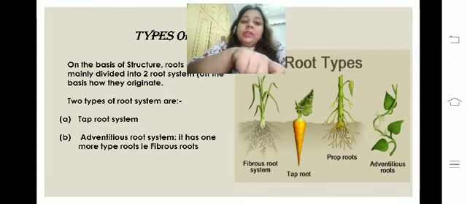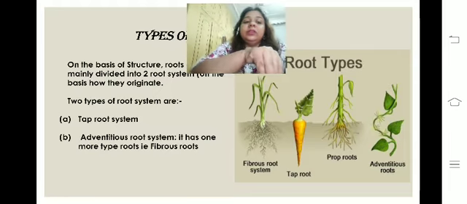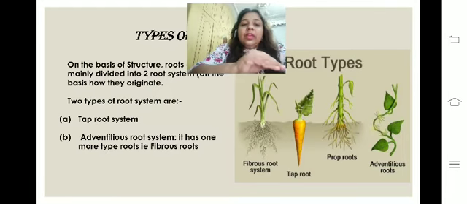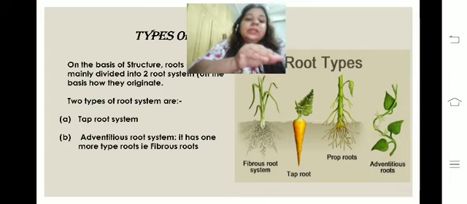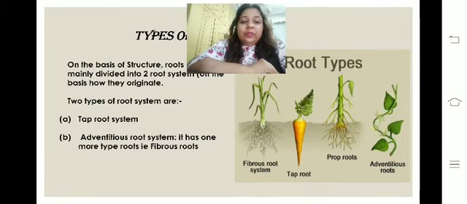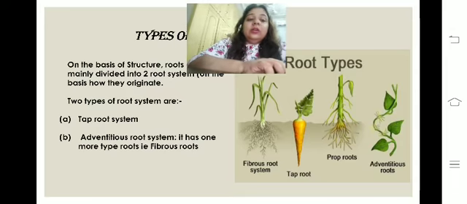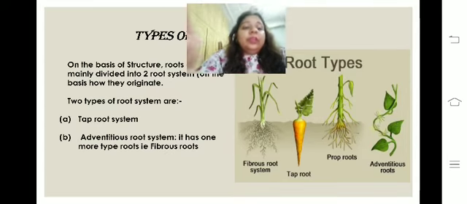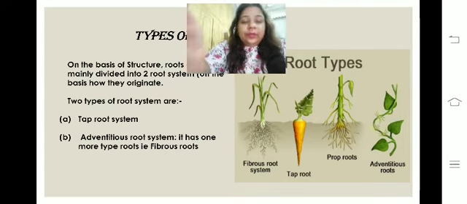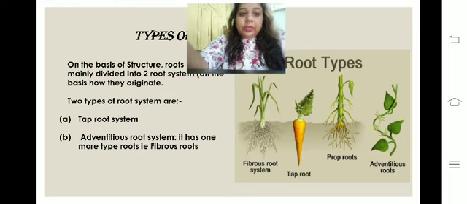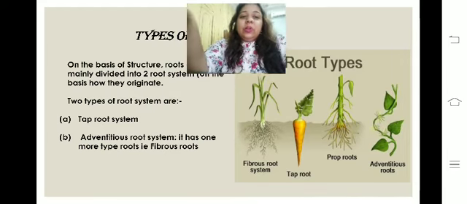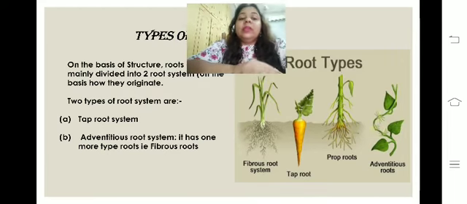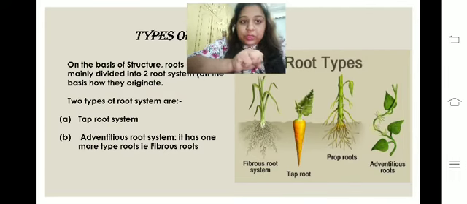This prop root which is given is actually a type of adventitious root only, but it is modified for a different, specialized function. That we are going to take in the next video, where I'm going to discuss the modifications of taproots and adventitious roots. But prop root is a type of adventitious root only.